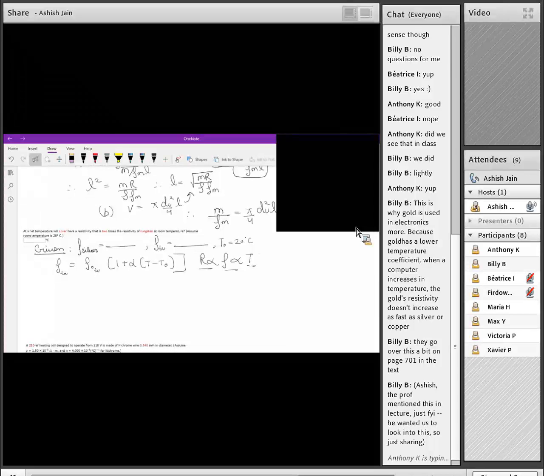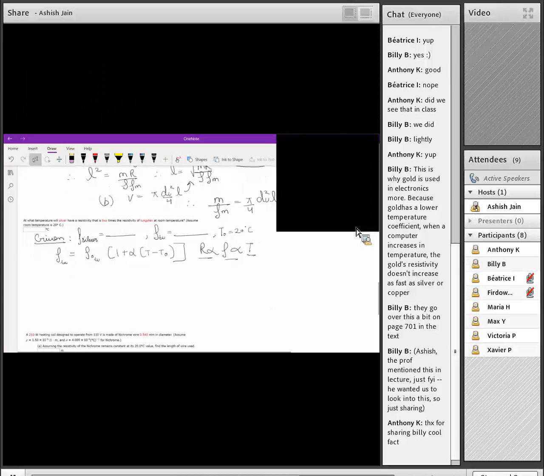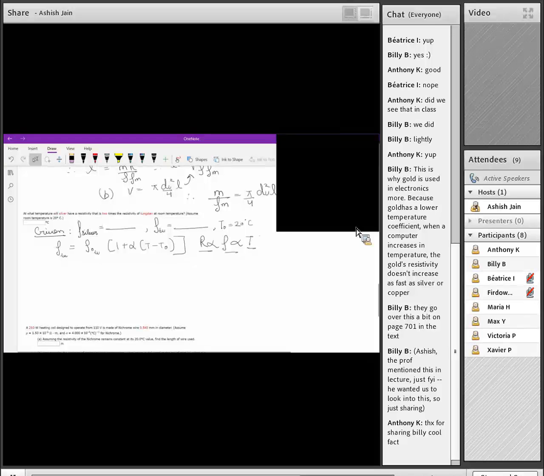All electronic devices have gold. This is the fact. Yeah, and it's also given in the book, so you can read it.